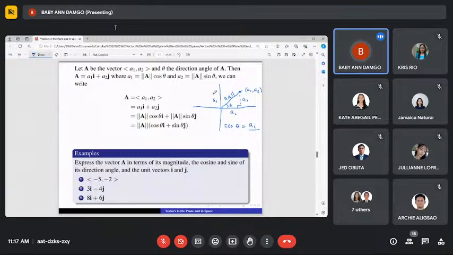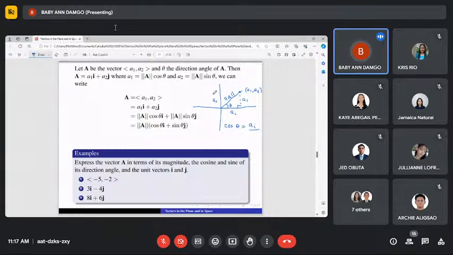So A is equal to the magnitude of A, which is the square root of 29, times the cosine theta, which is negative 5 all over the square root of 29, i, plus sine, which is negative 2 over the square root of 29, j.